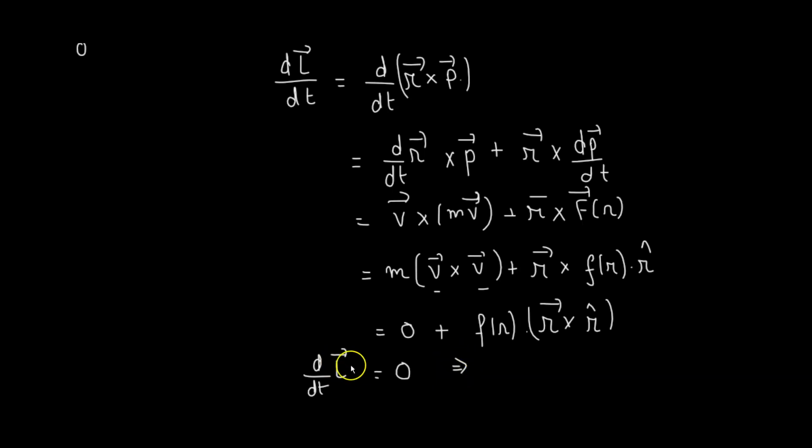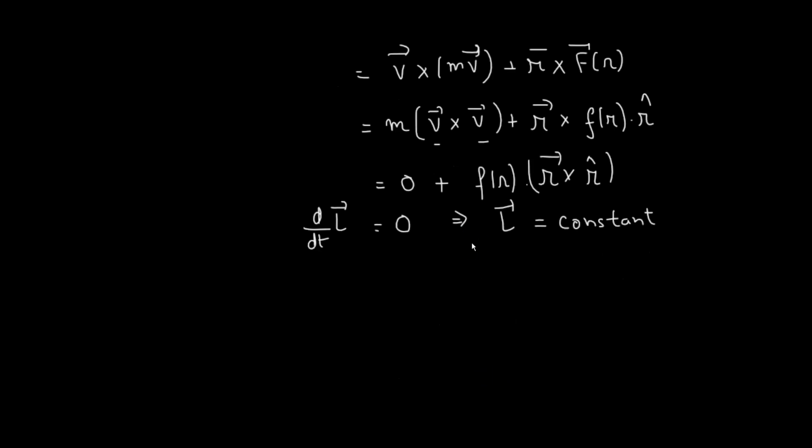And when the derivative of a particular function is 0, that means that L vector is a constant. L vector being a vector quantity, its magnitude and its direction are both fixed whenever we are working with central force fields. So let's write it down.